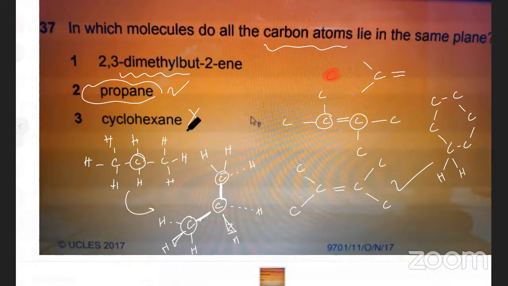TK, is this clear? Because each carbon atom is tetrahedral, the next one again is tetrahedral, and after that, it's again tetrahedral. So you can't keep all of them in the same plane.